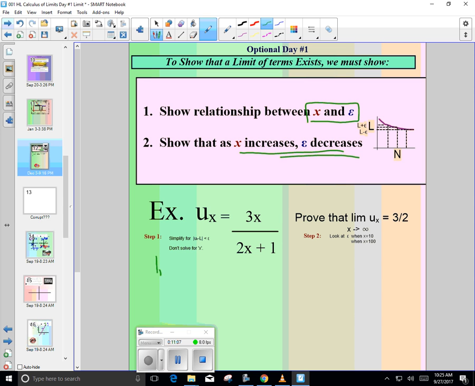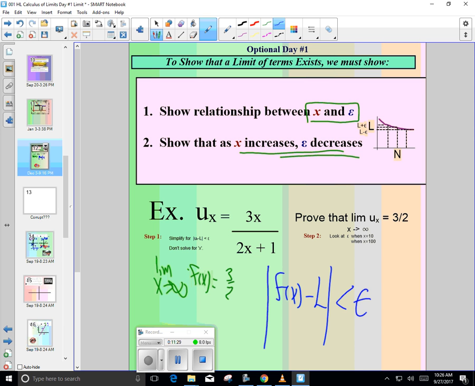What's the limit as x approaches infinity of, I'm going to call it f of x here, not u of x? What's that limit going to be? Very good, 3/2. So if you take the absolute value of f of x minus L, that is the difference between the y value and the limit. It should be less than epsilon, and we're going to prove that tomorrow.